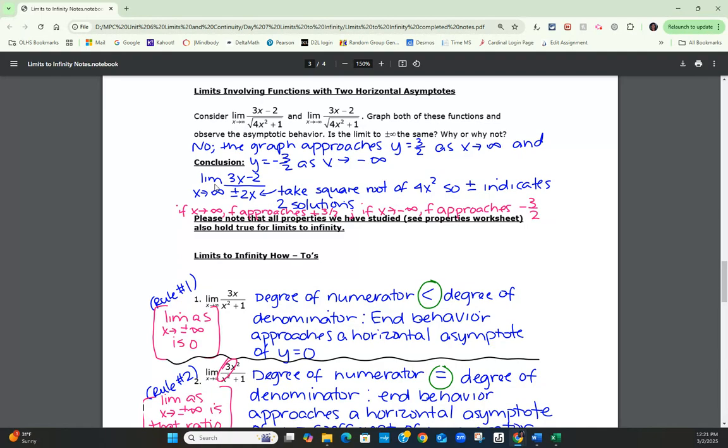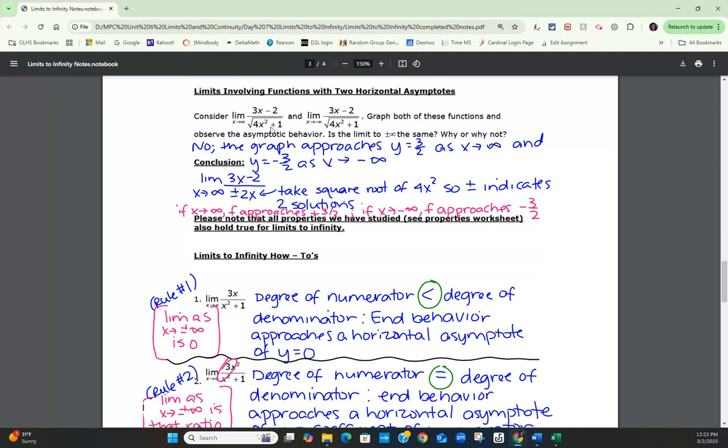So what you want to do in this case is, you can't actually take the square root of the quantity 4x squared plus 1, but because we just care about end behavior, the plus 1 part of that denominator does not enter into the end behavior conversation.